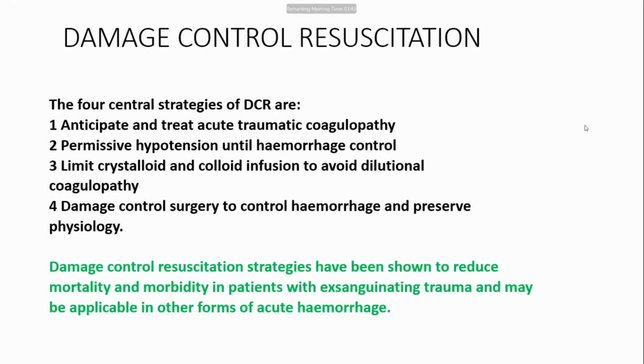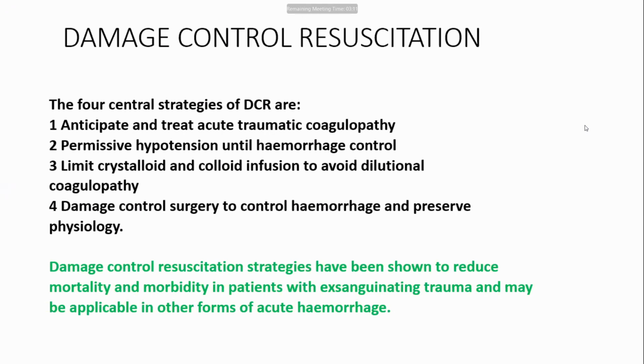Damage control resuscitation. We have to anticipate and treat the acute traumatic coagulopathy, and allow permissive hypotension. Why permissive hypotension? Because if you give inotropic agents or keep BP on the higher side, the patient will have more bleeding. Similarly, we have to control giving lots of fluid, because fluid itself may cause coagulopathy, hemodilution, and hypothermia. This will ultimately lead to poor outcome in the patient.